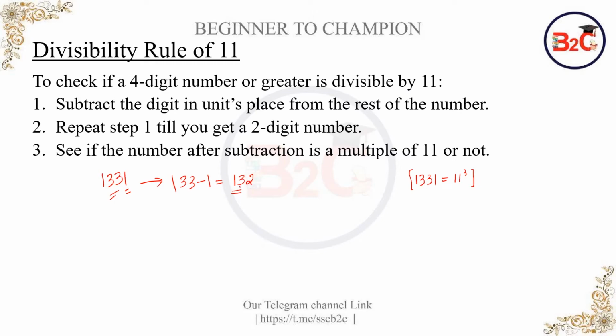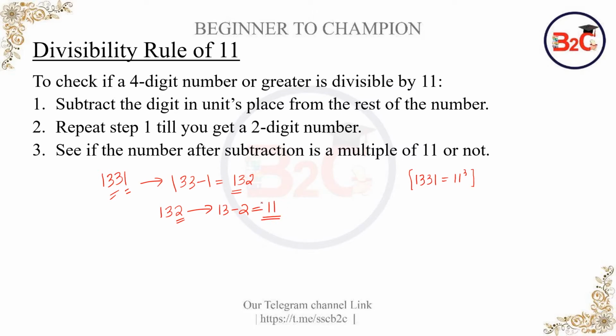So according to step 2, we have to repeat step 1 till we arrive at a 2-digit number, right? So in the second step, we'll be considering this number, 132. So 132 will give us 13 minus 2, subtracting 2 from 13. This gives us the answer of 11.